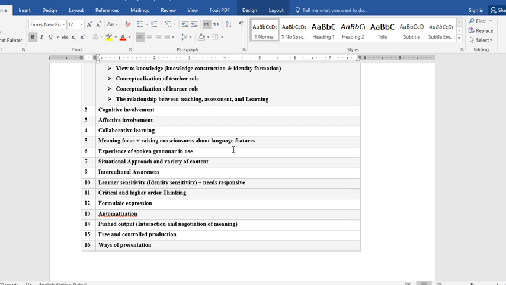If you remember the comprehensible output hypothesis, it says that if we want to improve our knowledge of language, our mastery of English grammar or syntactical structures, it's better to modify our language in interaction through production.